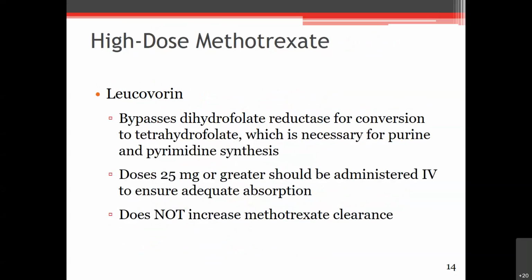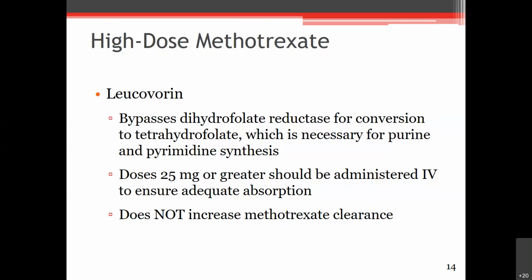So leucovorin is a reduced form of folic acid, so it's able to restore active folate stores that are required for DNA and RNA synthesis and can therefore protect cells from methotrexate toxicity. One important thing to keep in mind with leucovorin is that if you do have a dose of 25 milligrams or greater, it is recommended that we give this IV rather than orally to ensure adequate absorption.